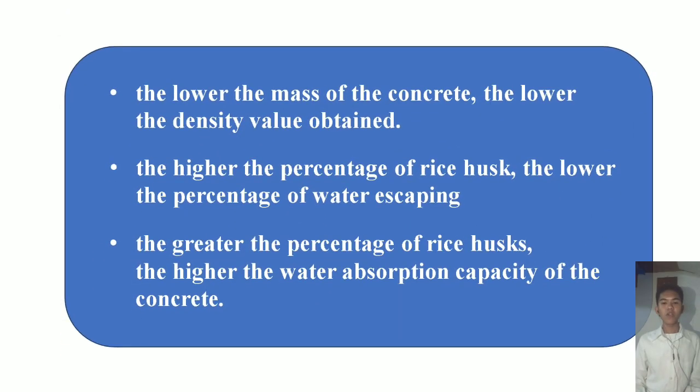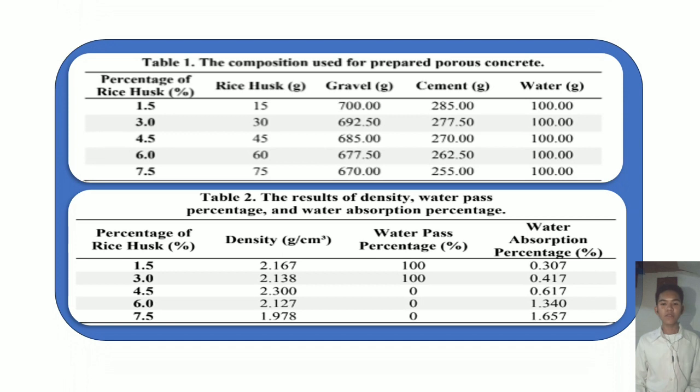Thus, the lower the mass of the concrete, the lower the density value. The highest density value, namely 2.167 gram per cubic centimeter, was owned by the percentage of rice husk of 1.5%, with a concrete mass of 975 grams, and the lowest density value, namely 1.978 gram per cubic centimeter, in the variant with a percentage of 7.5% rice husk.